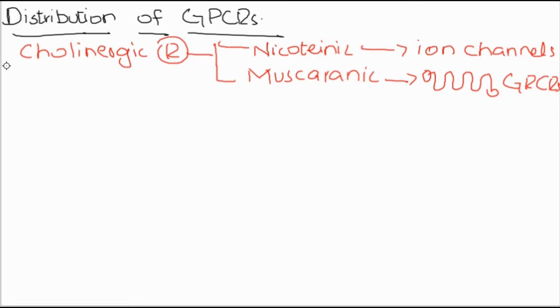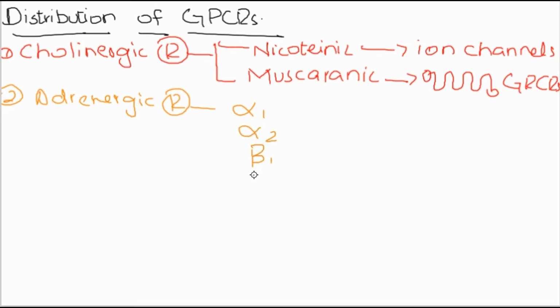And the other system present in our body is the adrenergic system. The adrenergic receptors are divided into alpha 1, alpha 2, beta 1, beta 2, beta 3.